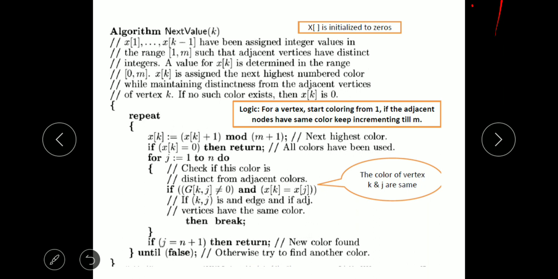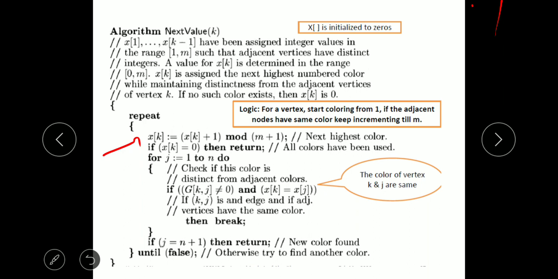So for a vertex we start coloring from 1, and if the adjacent nodes have the same colors, then we keep on incrementing it till m. This is achieved by the statement x of k is equal to (x of k plus 1) mod (m plus 1).